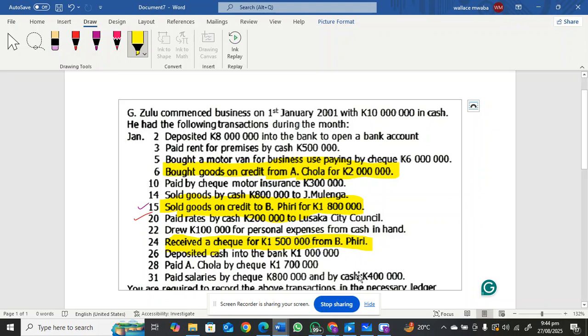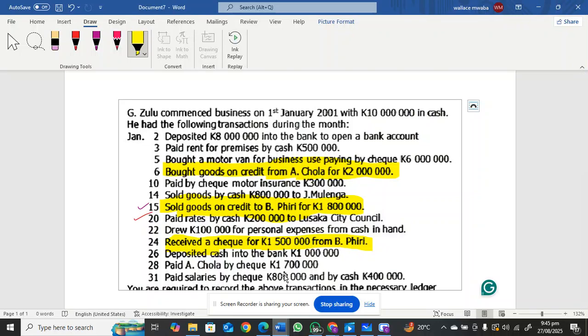And what about the cash account? Because remember, there are three accounts here. Yes, so you debit the salaries account 1,200,000. You just add these two, 800,000 plus 400,000, that's 1,200,000. So you debit salaries 1,200,000.